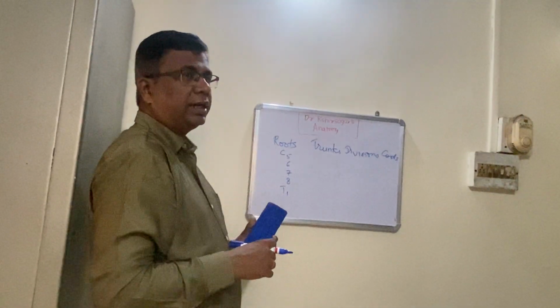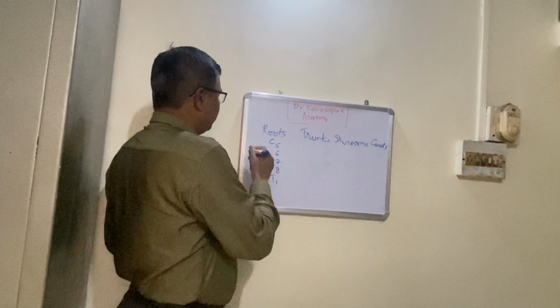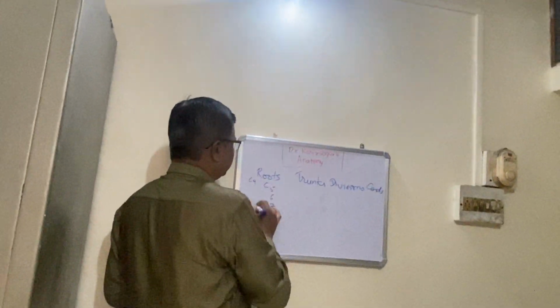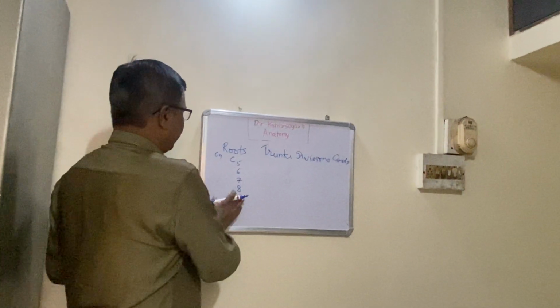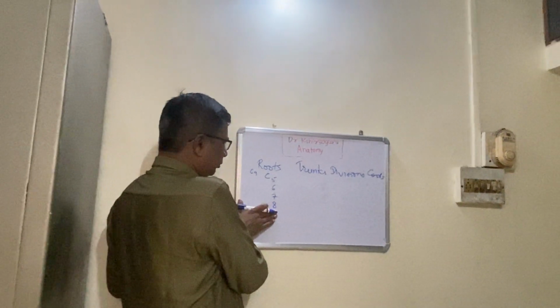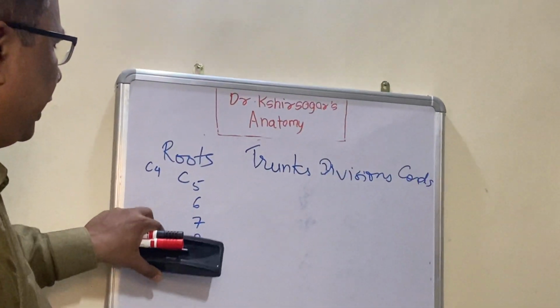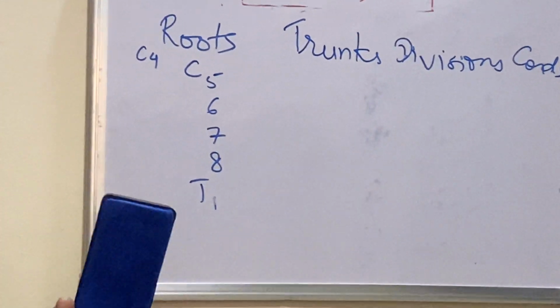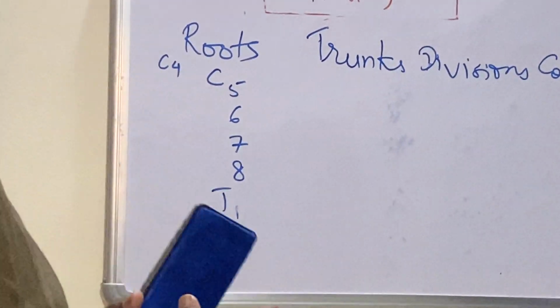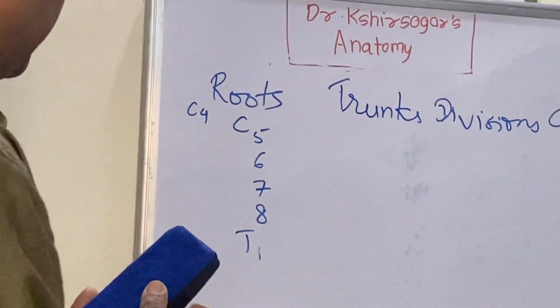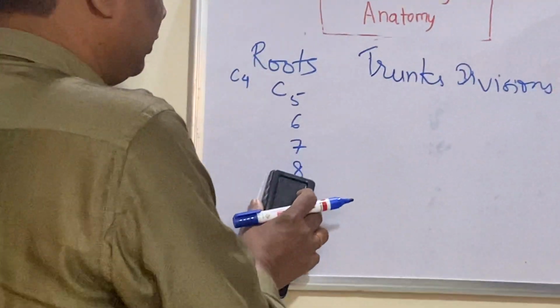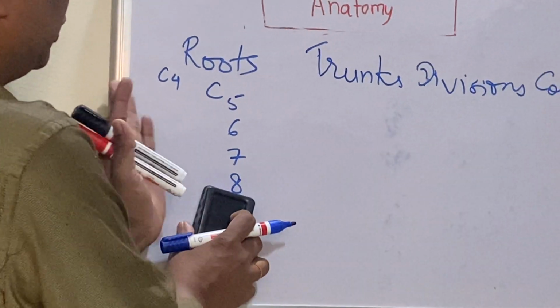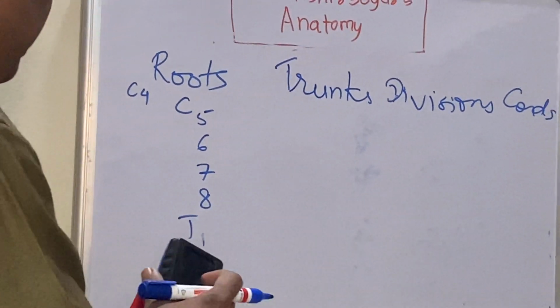This is the ideal combination, but sometimes C4 contributes, and at that time T1 will be absent. When C4 contributes and T1 remains absent, such a combination is called a prefixed type of plexus. The brachial plexus will then be formed by C4, C5, C6, C7, C8.